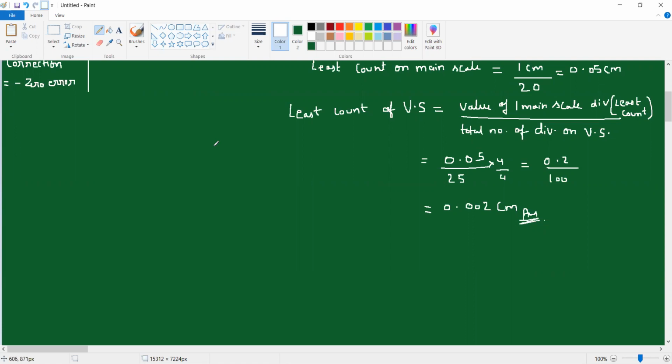These examples are already solved in your book. You better solve the numerical questions given in the back exercise in your fair copy.